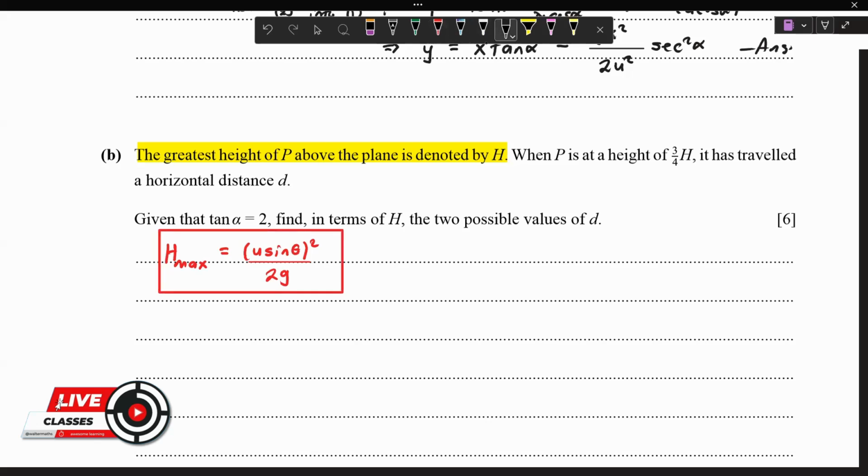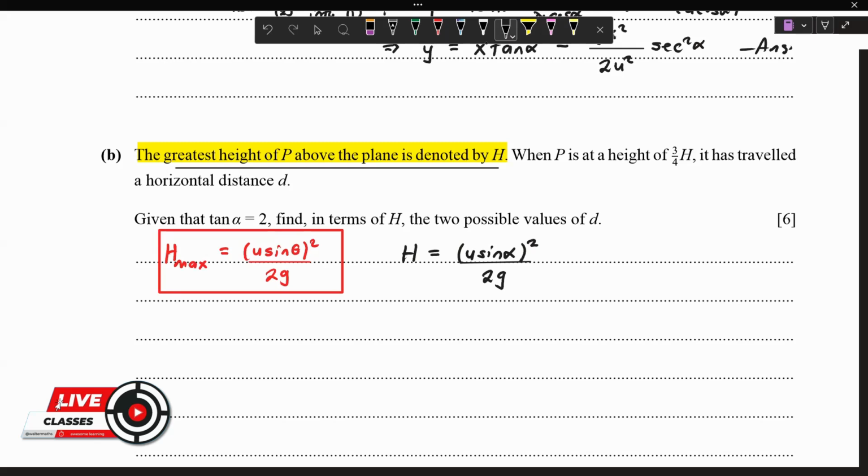So in our particular case, they say the greatest height is denoted by h. So we have h being equal to, and in our particular case, it'll be u sine alpha, since alpha is the angle, squared, and that's over 2g. So that's essentially what we have.